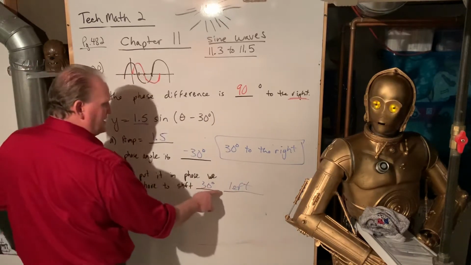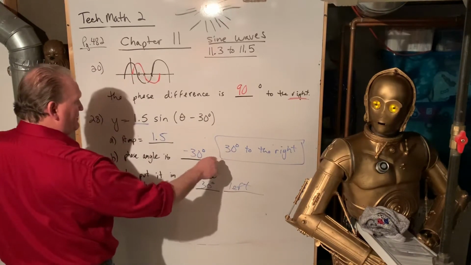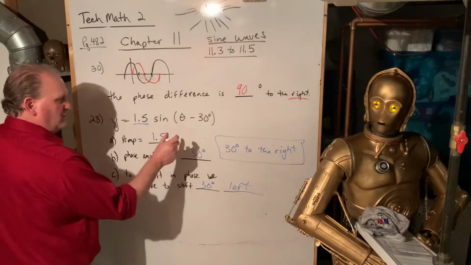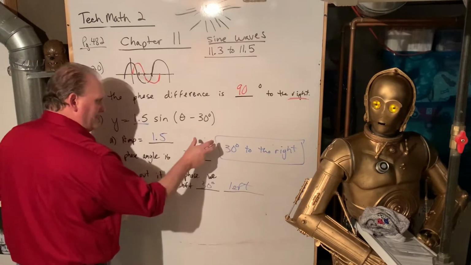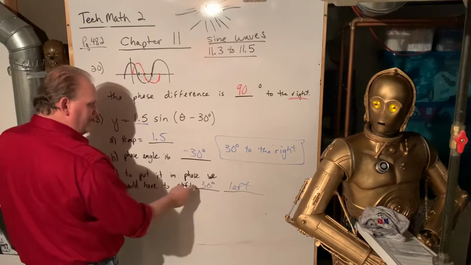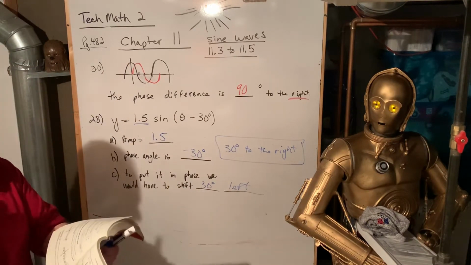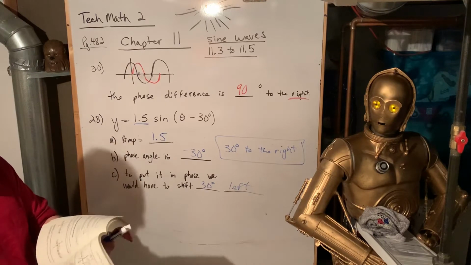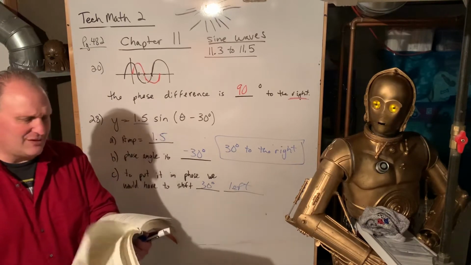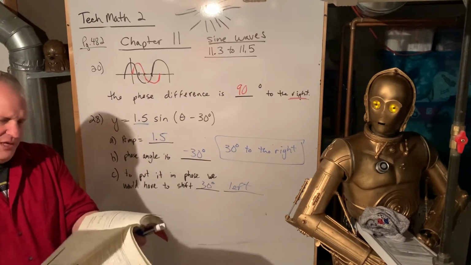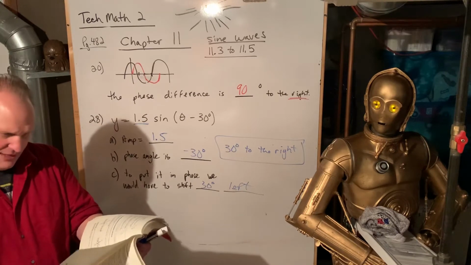And so that's how they always ask it. This is what actually happened. We pick it up and move it 30 degrees to the right and drop it down. But to put it back in phase, we'd have to take it 30 degrees back to the left. So be careful about that. I think that's a little confusing how the book presents it.